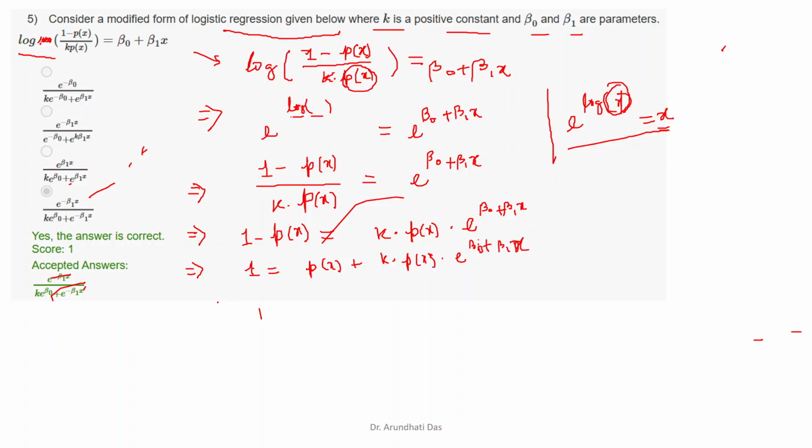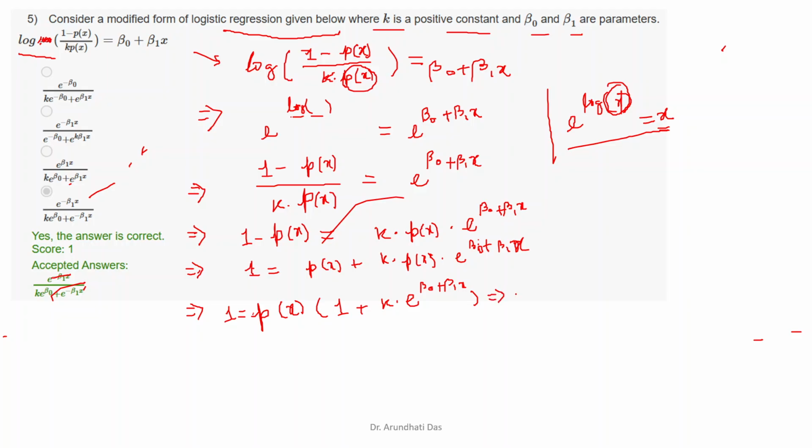Now to find the p of x value, 1 equal to, if I take p of x common, it will be 1 plus k multiplied by e to the power b naught plus b1 x, correct.